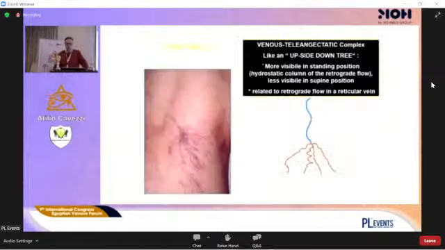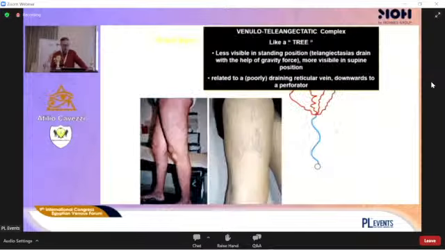So a classical upside down tree is very easy to understand, that we should anyway treat this vein because the reflux comes down, as you can see in this classical example. But there are patients where the reflux does not come down, but probably goes up. Or anyway, we have a lot of telangiectasias draining into a reticular varicose vein. So what to do? That's the issue.